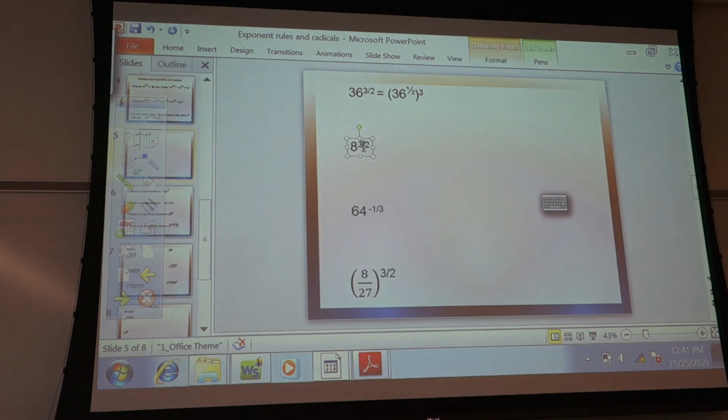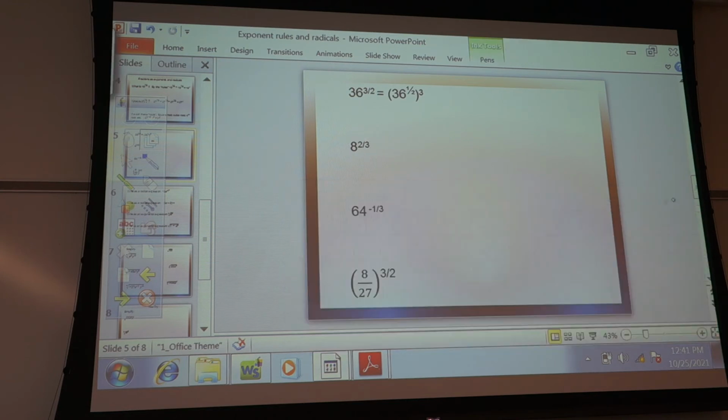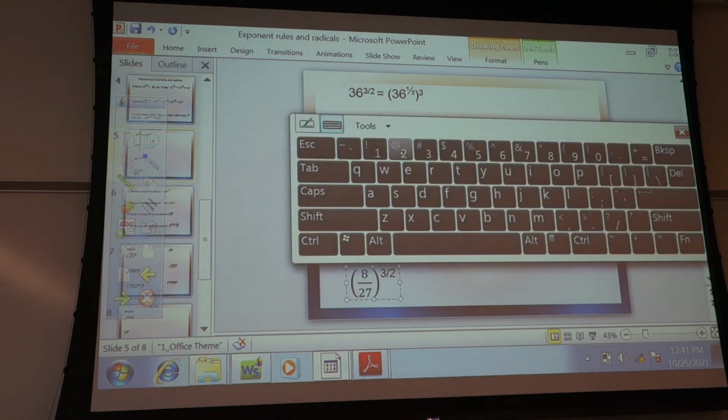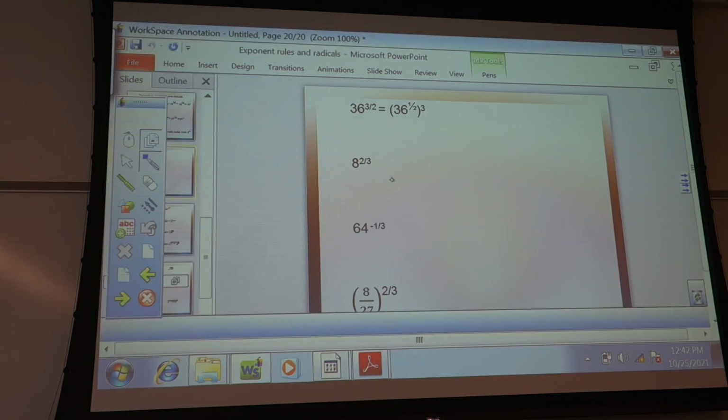Let me do this. I want 2/3 also for that one. So we can write this one like that, so everybody write this part and fill in what goes in here and here with the new one.